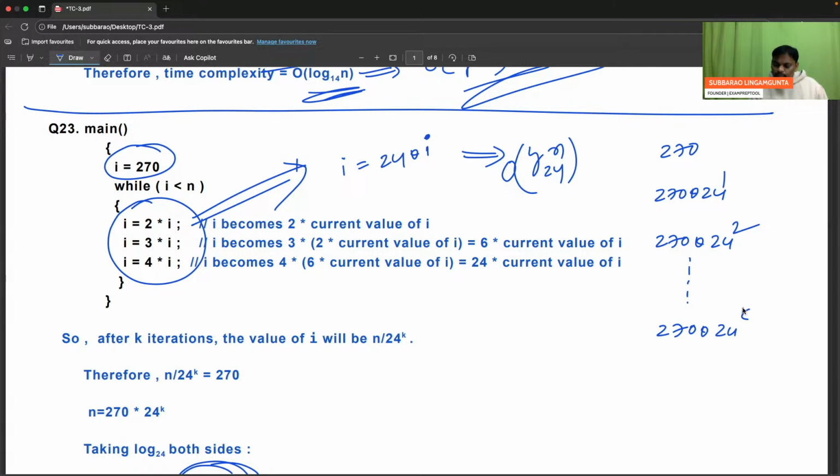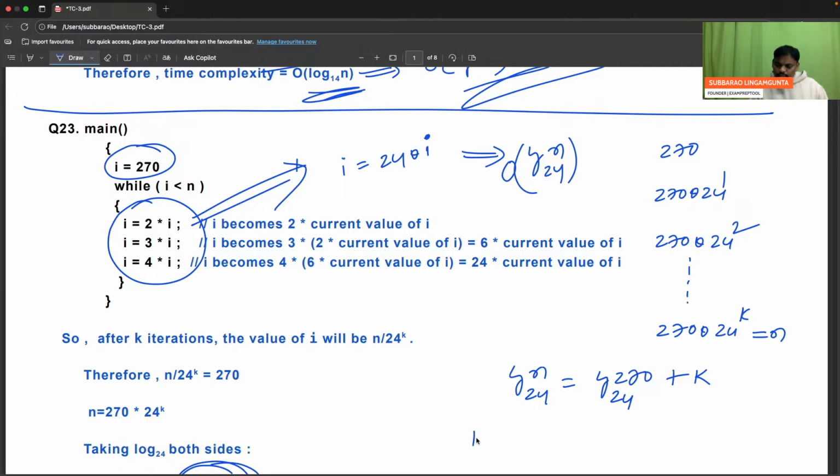Increasing, it became n. Now you want the k value. Apply log, same story. Log n base 24 is equal to log 270 base 24 plus k. It is the log AB formula: log of AB is equal to log A plus log B. So it became like that.